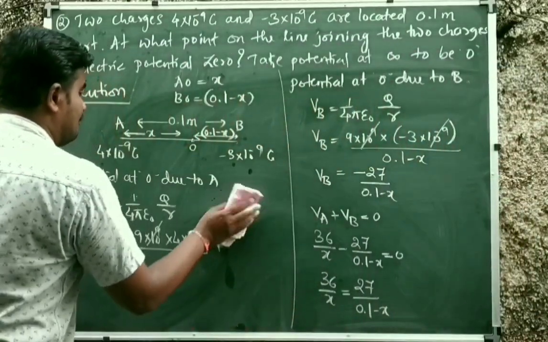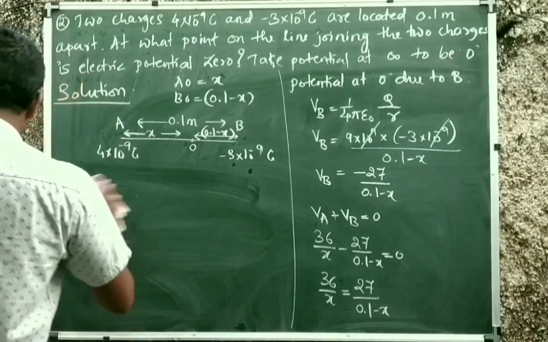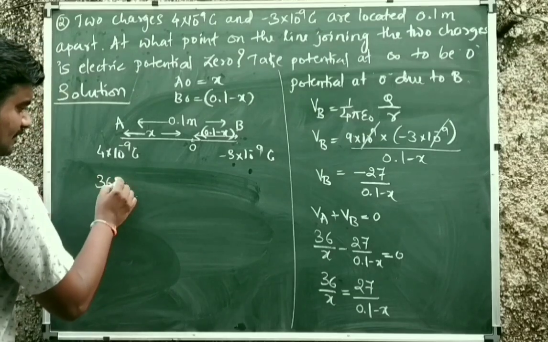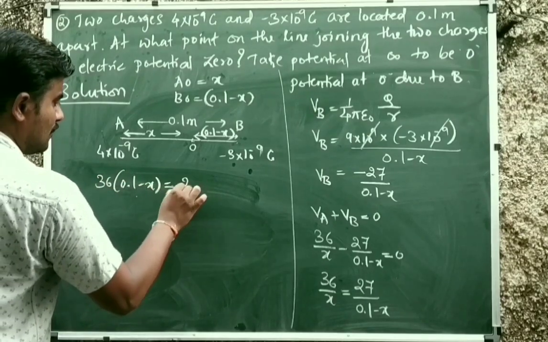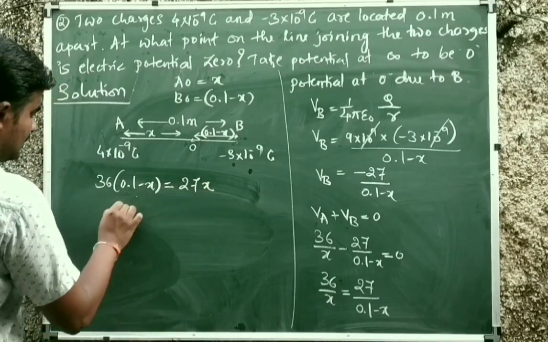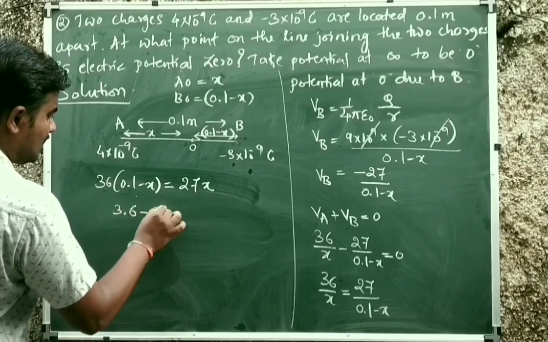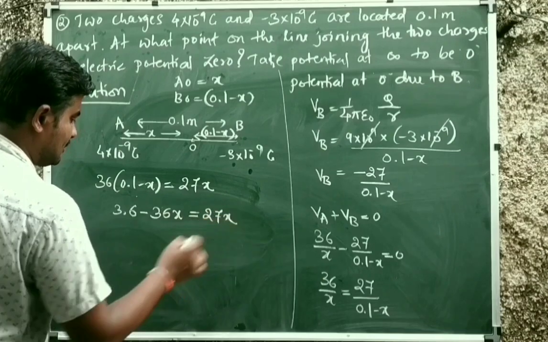See here, 36 into 0.1 minus x is equal to 27x. 36 into 0.1 is 3.6, and 36x is equal to 27x.